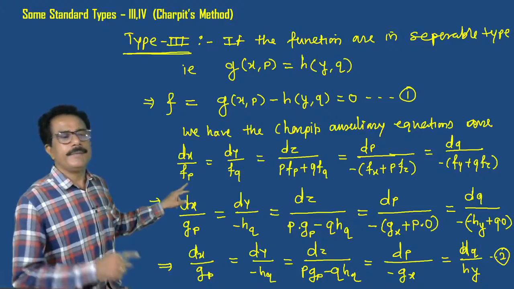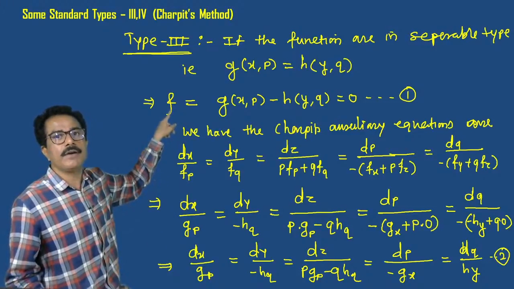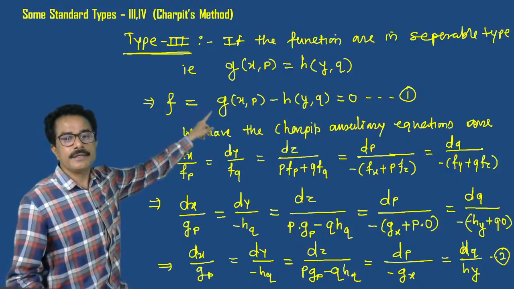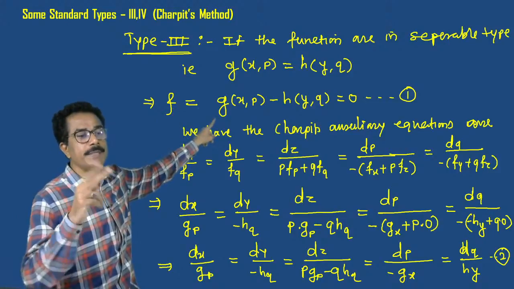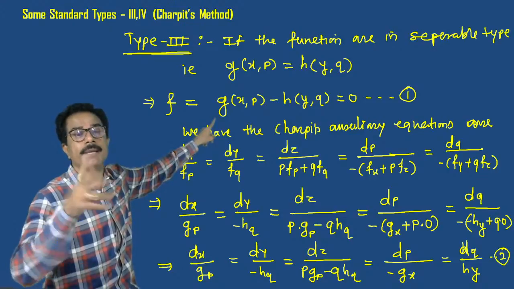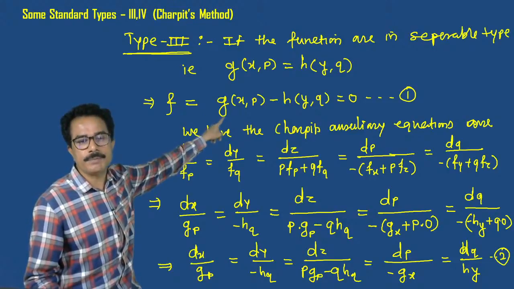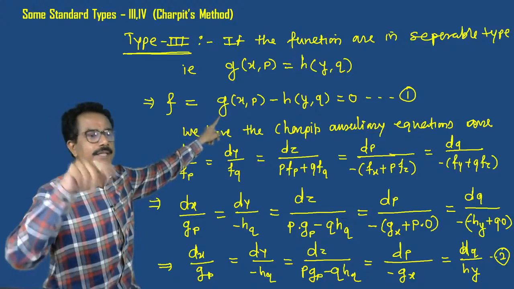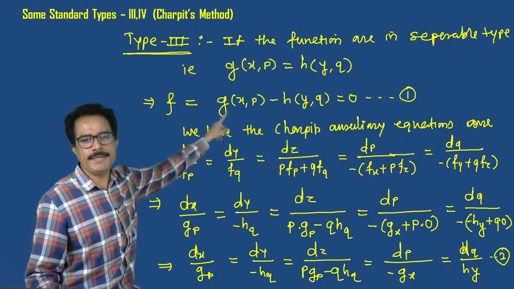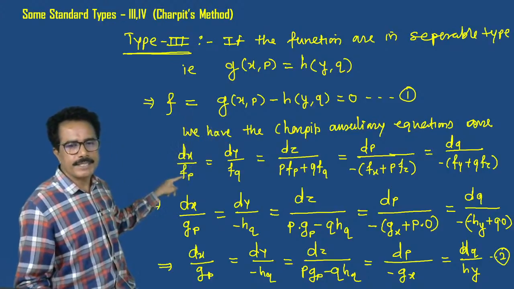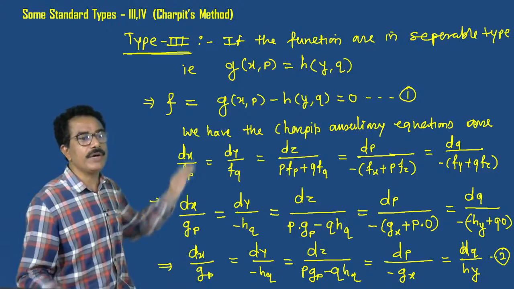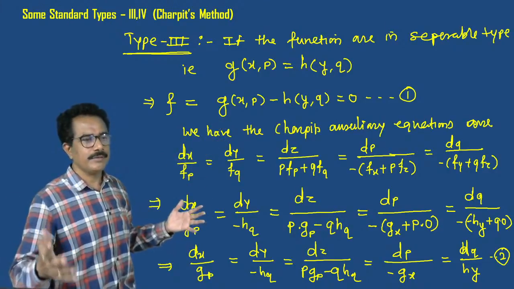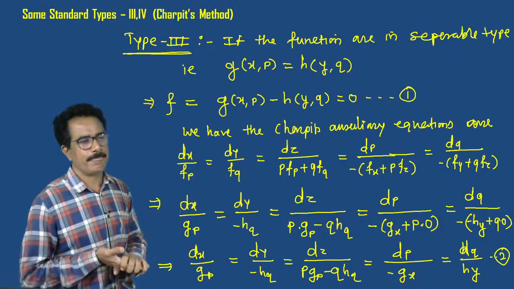Fp means we have to take the partial derivative of f with respect to p, but f is in terms of two separable functions. Since p is in the function g, fp means gp, because there is no p in h, so hp will not come.